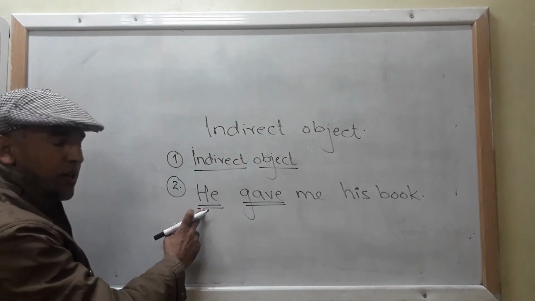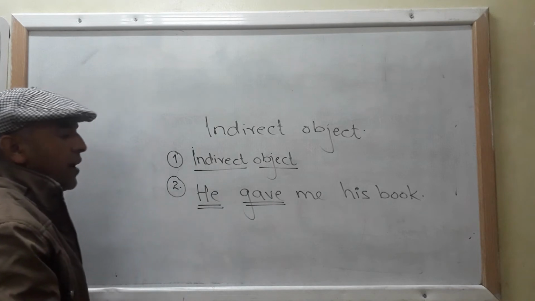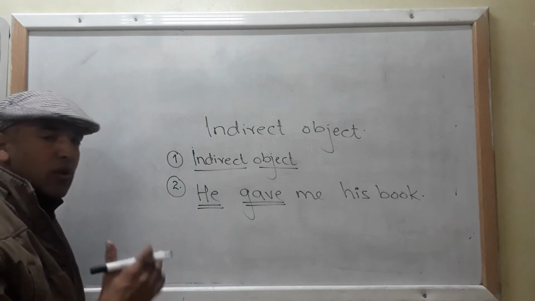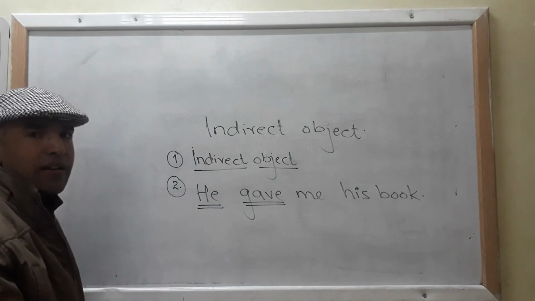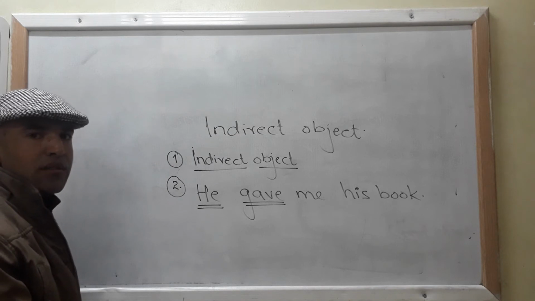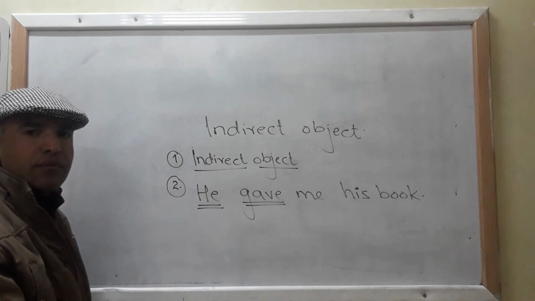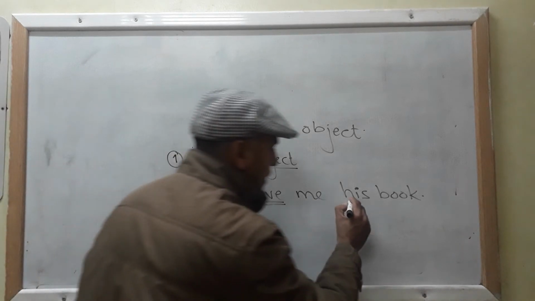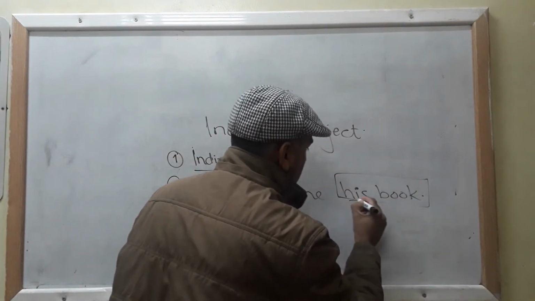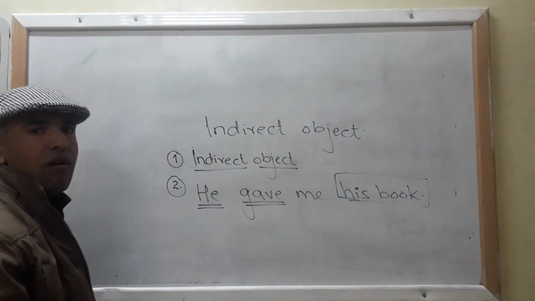So, subject, verb. Now, as I told you when I was telling you something about your direct object, you will have to ask questions of what or whom. He gave. What did he give? His book. So here we find the answer of what.